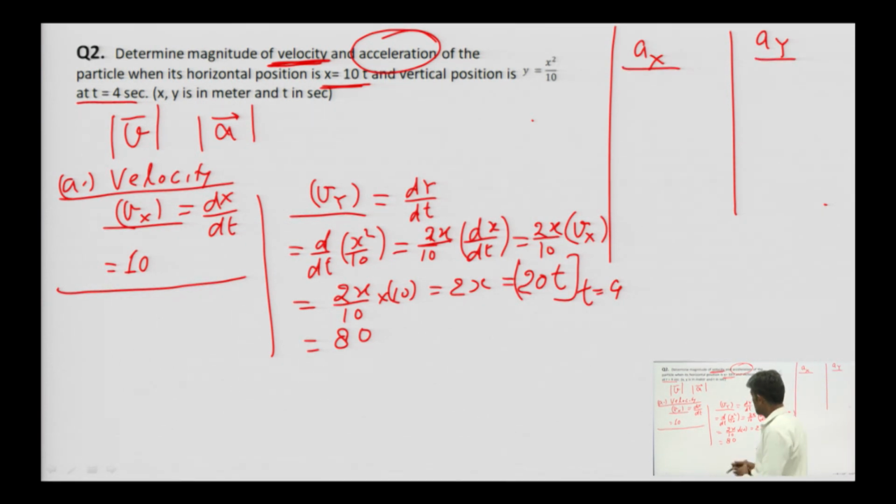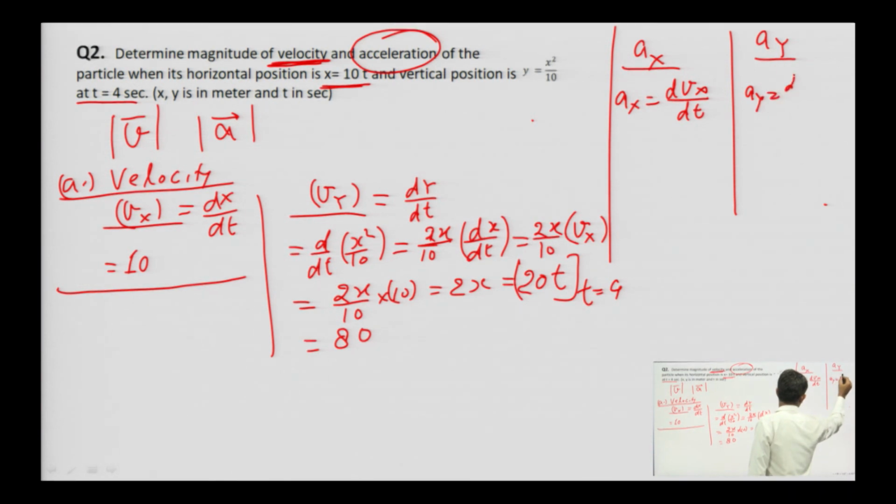For acceleration, we know that ax is equal to dvx by dt, okay, and ay is equal to dvy by dt, right.